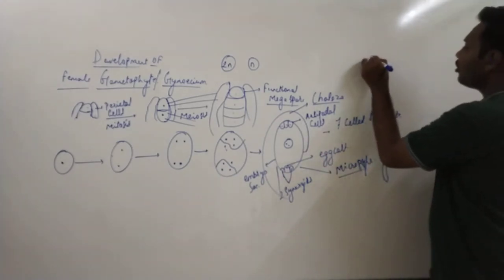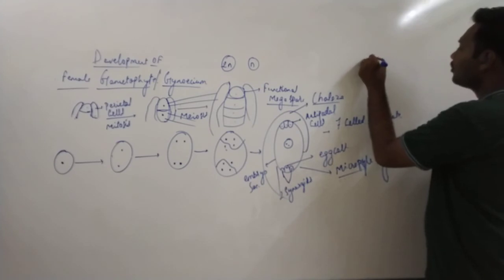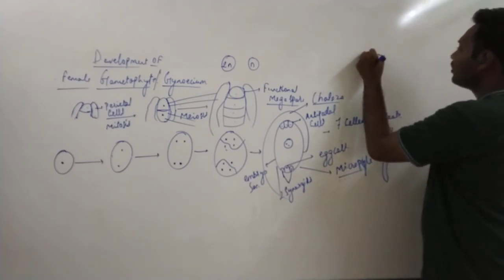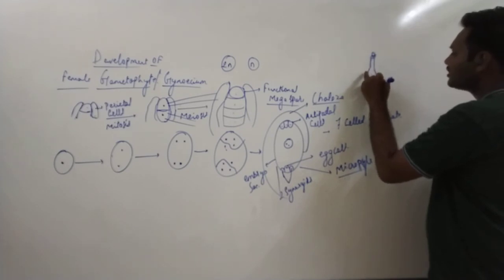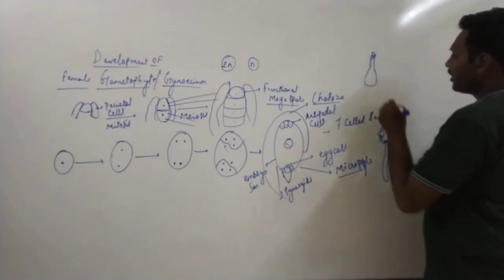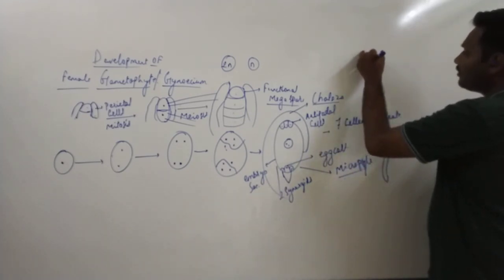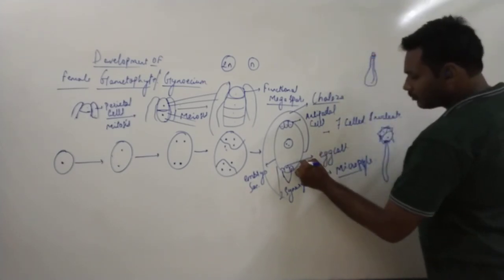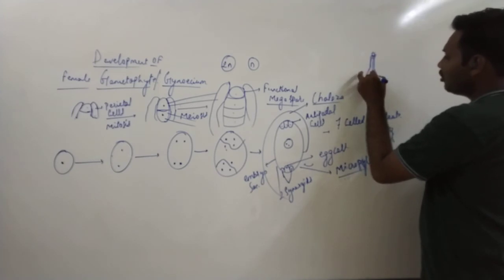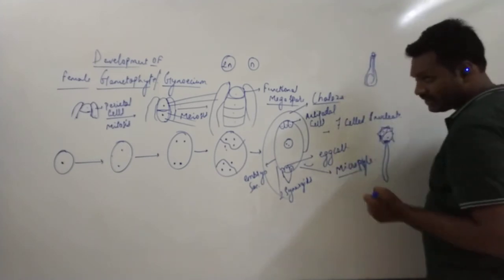When pollen grains fall onto the stigma, suppose this is the spiny pollen grain falling onto the stigma, and this is the part where the ovary is seen, the pollen tube will be formed like this and will enter the ovary from the micropylar region.